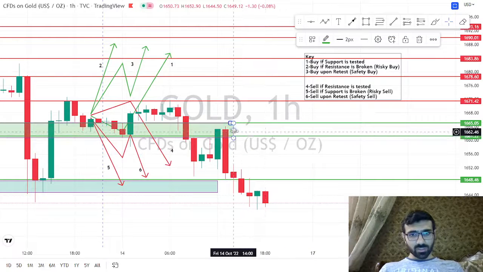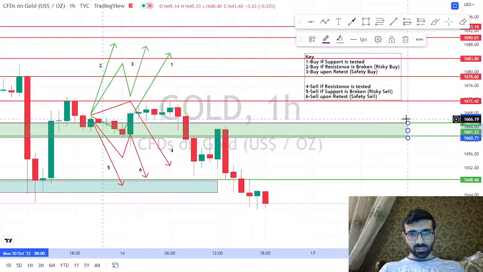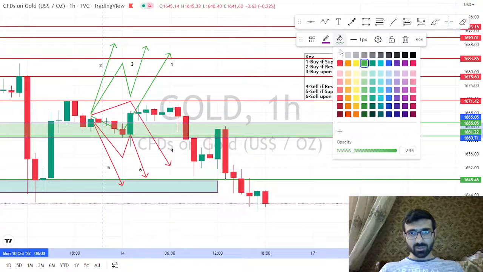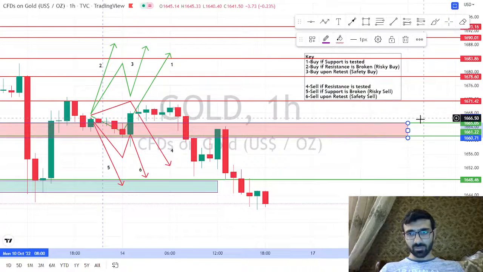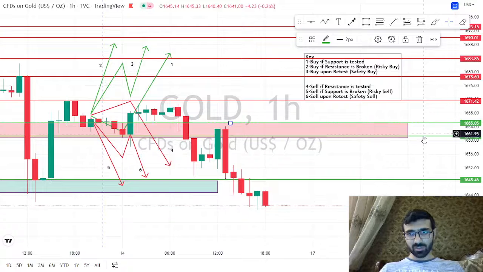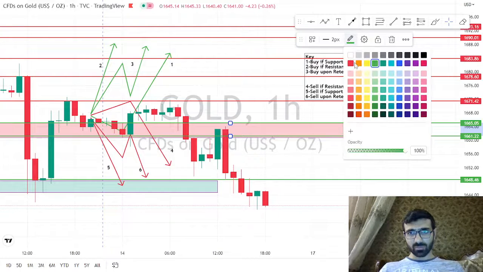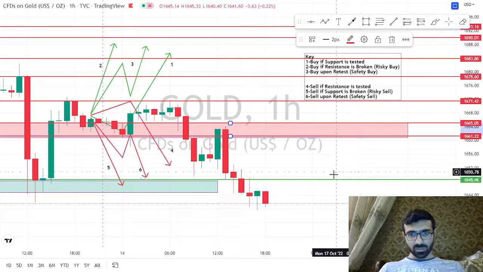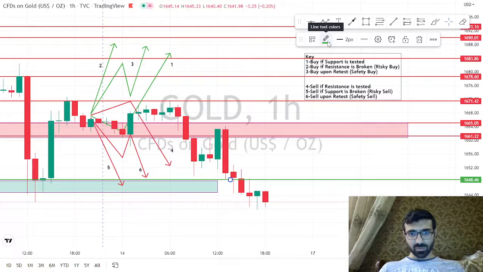First of all, let me stretch this area a little bit, as this area will now get converted to become an area of resistance, and this area, they both are going to become resistance areas, and even this area will become.